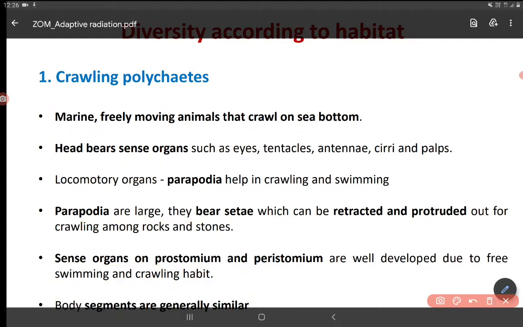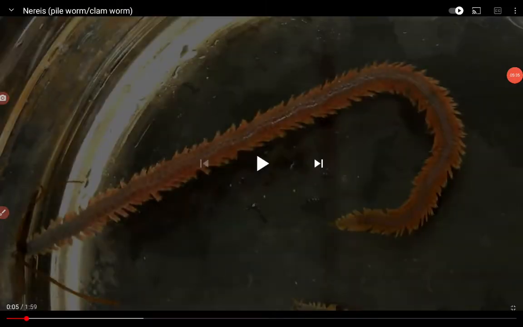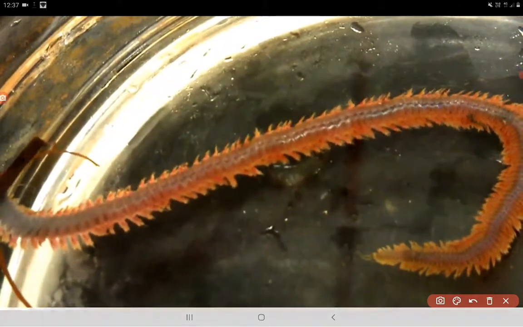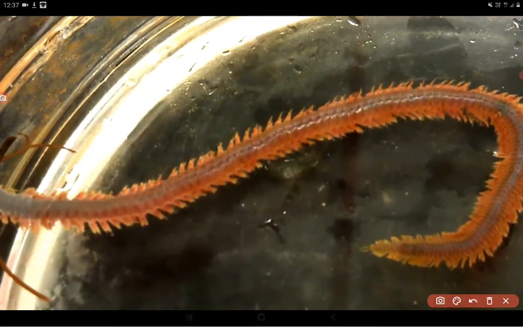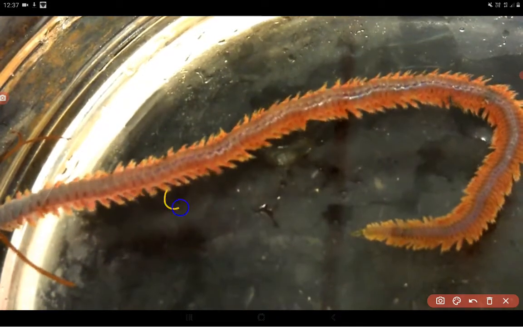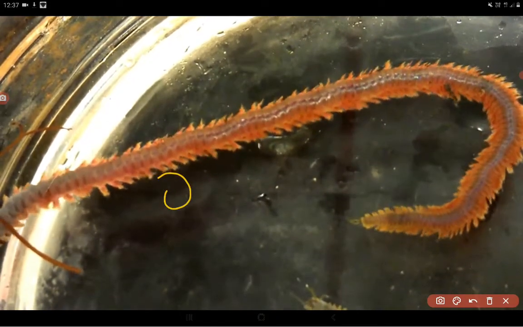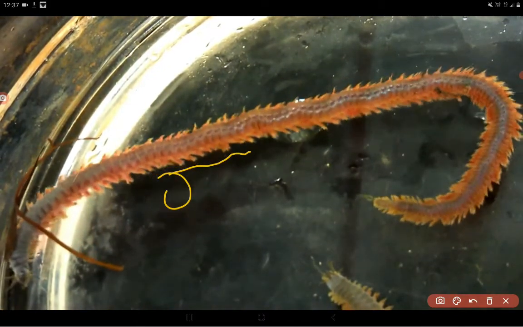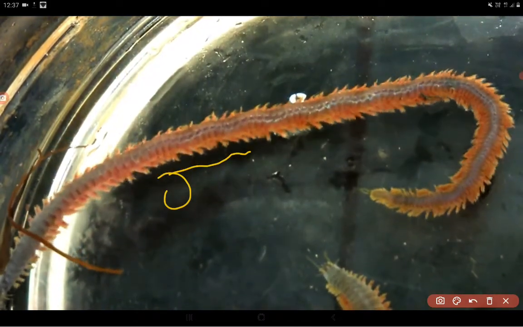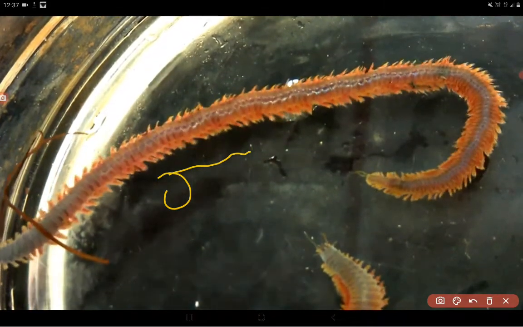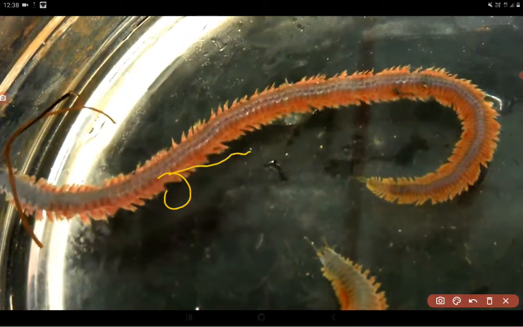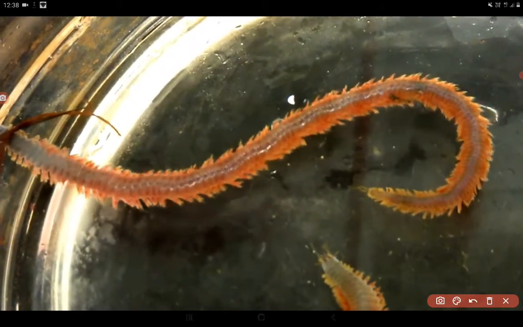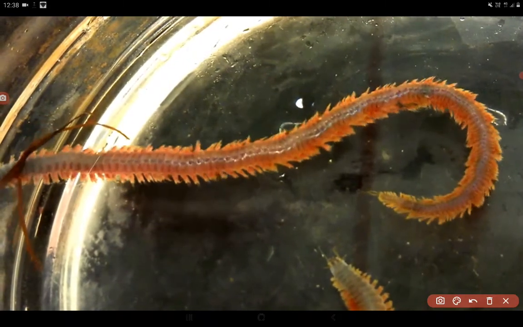So let's see an example. So this is a Nereis. As you can see, the example of a crawling polychaete. Here, these are its parapodia, these structures that are moving. These orange colored structures, they're moving. These are the parapodia, and they help in swimming, of course, or crawling. These are locomotory organs, and also these are marine, free living.